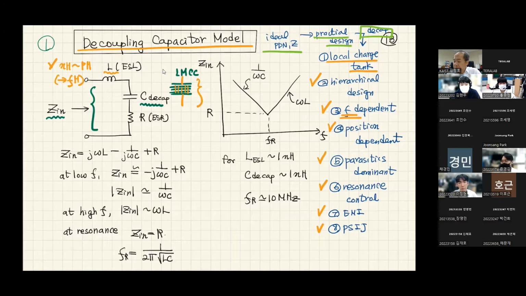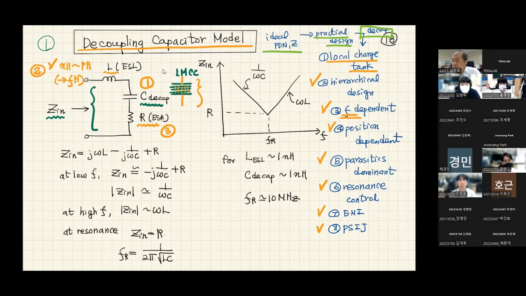Also, because it has some metallic structure and at high frequencies the current flows at the surface of the metal, it's going to have some resistance. So in the circuit diagram it has only a capacitive element, but in order to use these decoupling capacitors cleverly, we have to obtain information about the equivalent series inductance and equivalent series resistance.